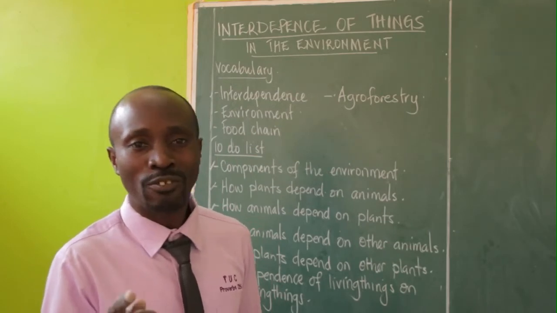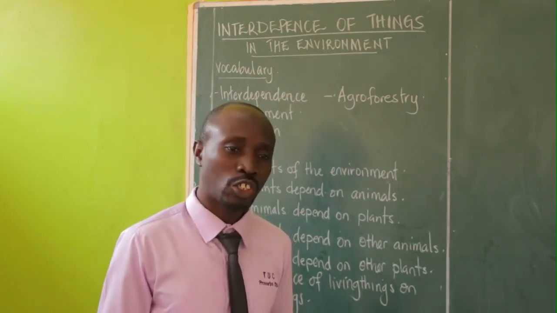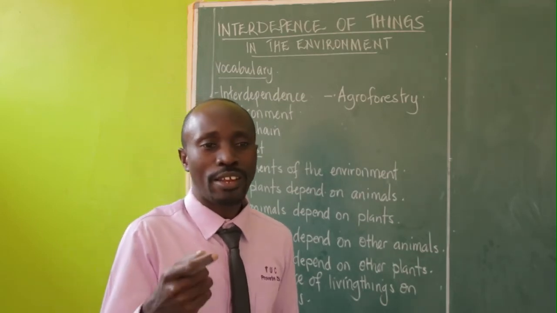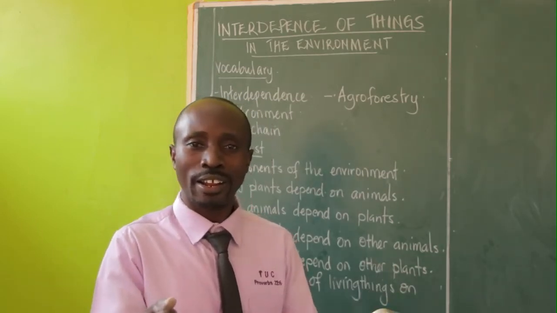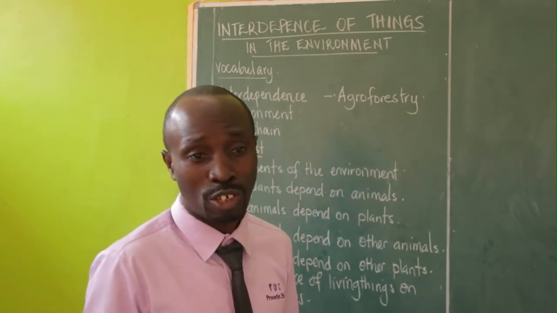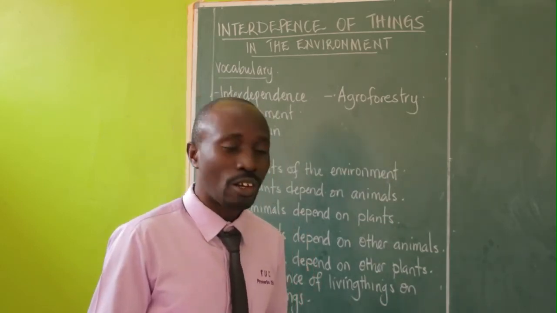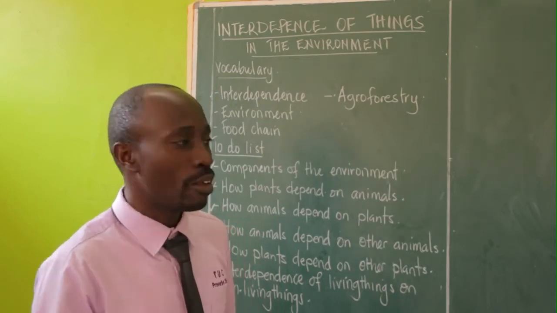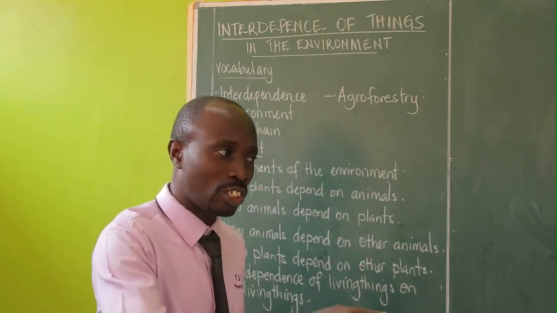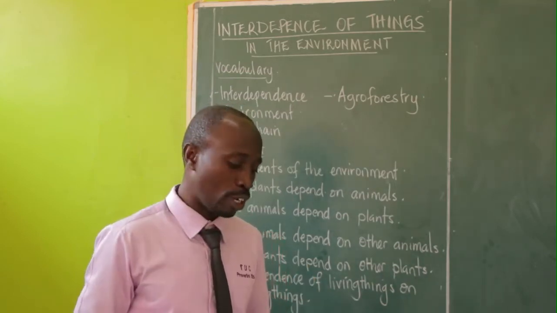I told you where food is burnt with oxygen to release energy, carbon dioxide and water vapor. The energy you use to do work, the energy you use to do things is all about respiration. And respiration cannot be possible if we don't have oxygen. So oxygen helps in respiration.